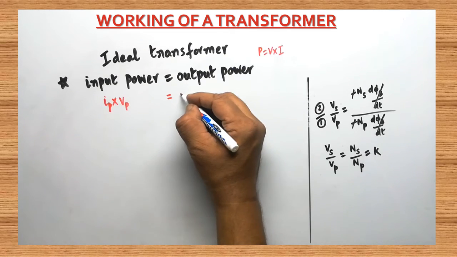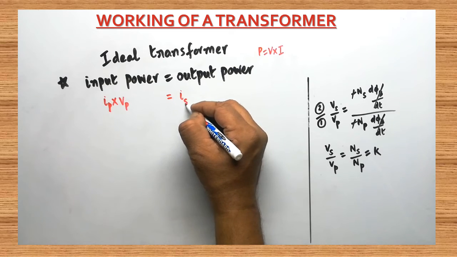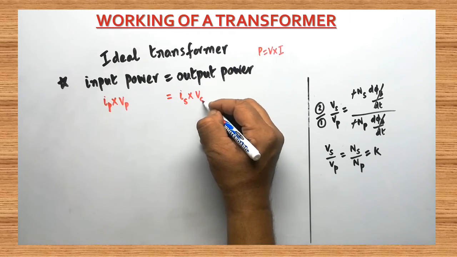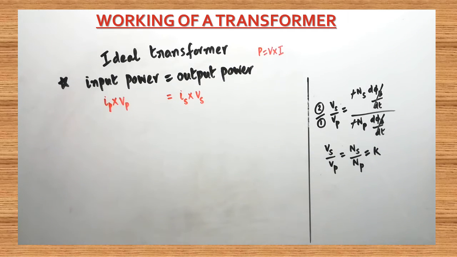This will be equal to the current induced in the secondary, Is, and the voltage across the secondary, Vs. So Ip Vp = Is Vs. So the power given here will be completely transformed into output power. When such a thing happens, it is called an ideal transformer.